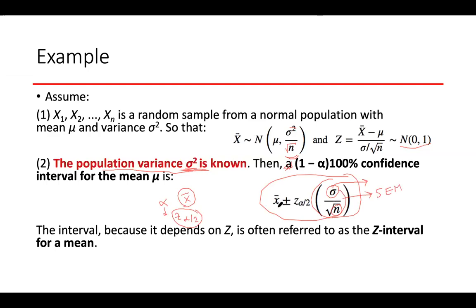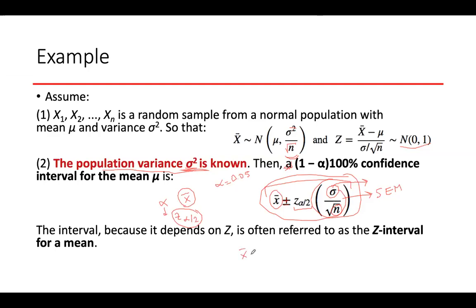So what is my interval about? X bar plus and minus z alpha over 2 times standard error of the mean. Okay? So what do I say? For example, alpha is 0.05. Okay? Alpha is 0.05. What do I say? I am 95% confident that the population mean lies or falls in this interval. What kind of an interval is this?